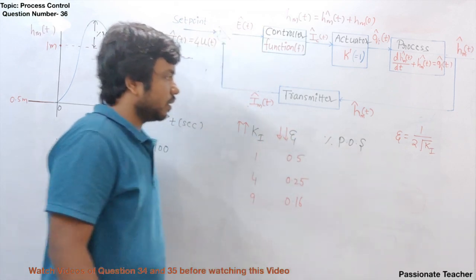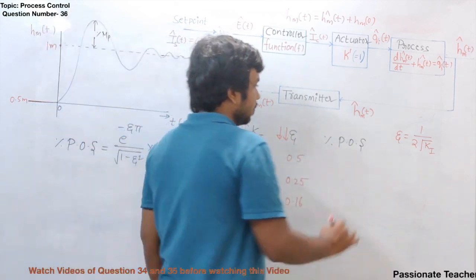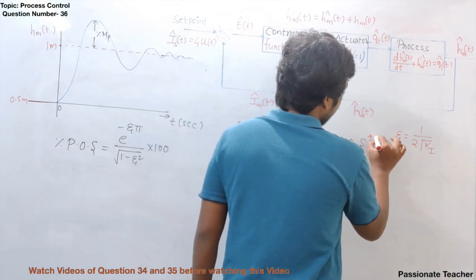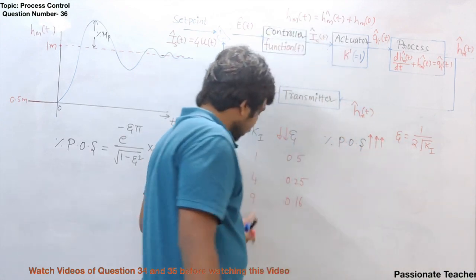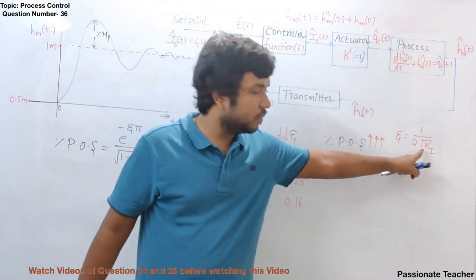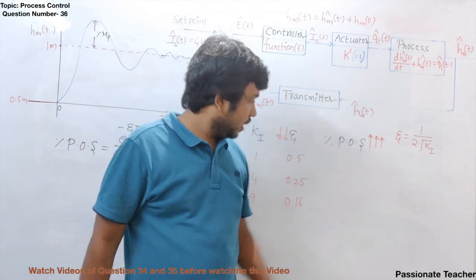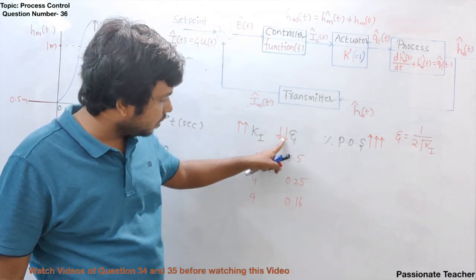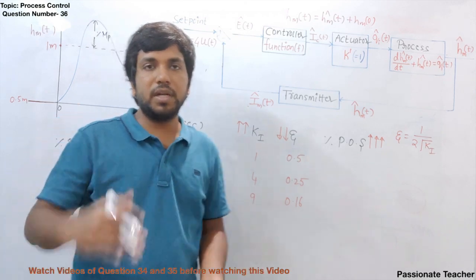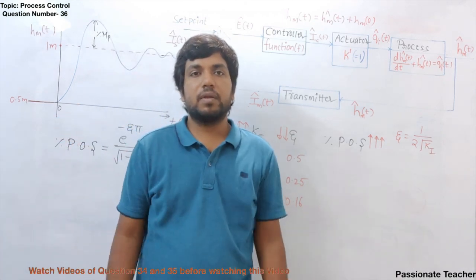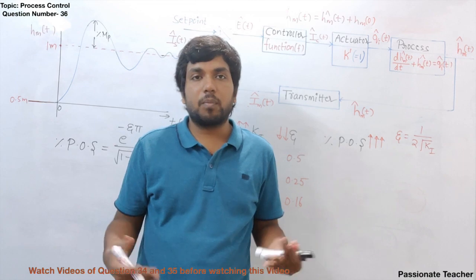Zeta value is reducing means percentage of peak overshoot is going to increase. Because if you go for higher values of Ki, there is a chance here that zeta will become too low. If the zeta becomes too low, this means we are not able to apply proper damping.